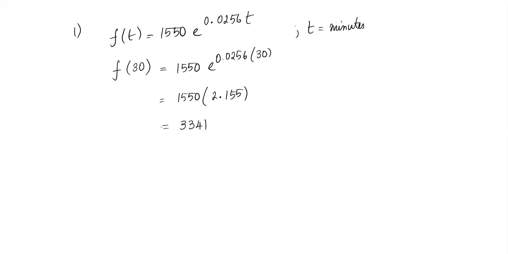This is a word problem, so please go back and interpret your answer, because I did not say what 3341 is. It is 3341 bacteria, right? So there will be 3,341 bacteria after 30 minutes.